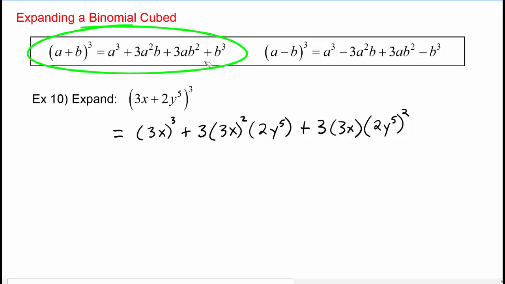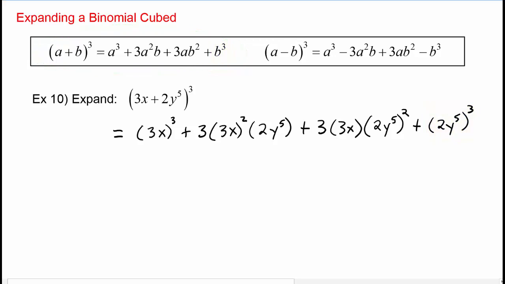And then last, we add the second term cubed, so that will be quantity 2y to the fifth cubed. Simplifying this, 3 cubed is 27, so we have 27x cubed.